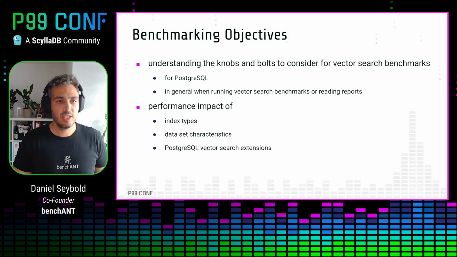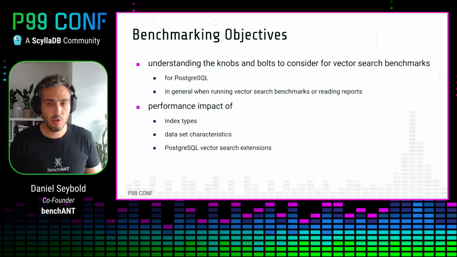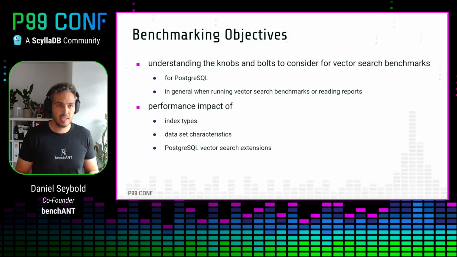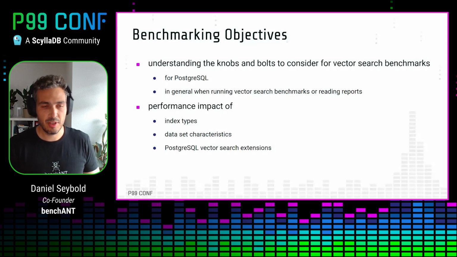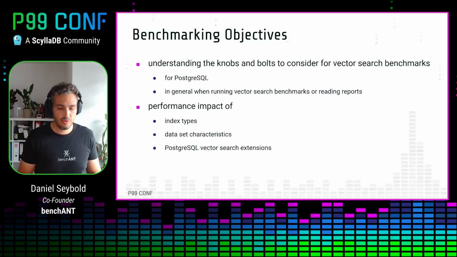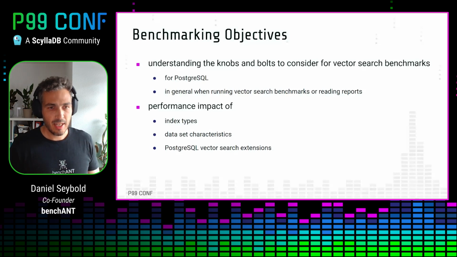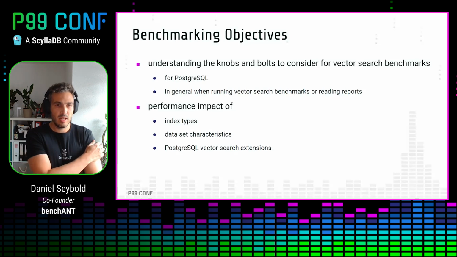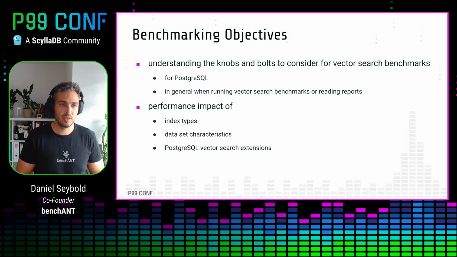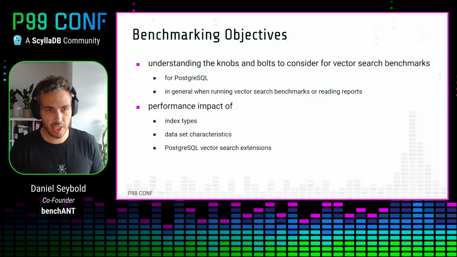And we will look into the performance impact of using different index types, the performance impact of having different dataset characteristics, so number of vectors and dimensions of vectors. And we'll also look into the performance of different Postgres vector search extensions.